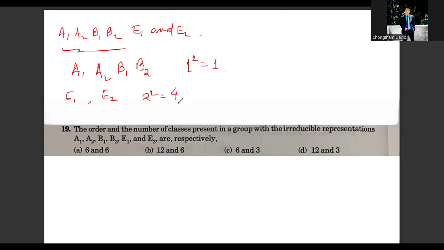So the order of the group is 1 plus 1 plus 1 plus 1 plus 4 plus 4, that is 4, 8, 9, 10, 11, and 12. So the correct answer would be 12 and 6.